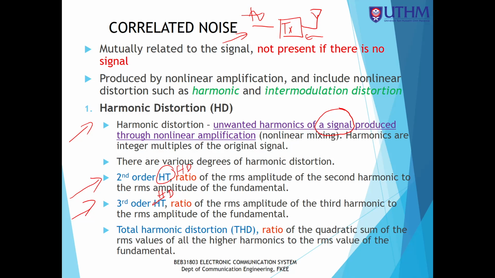So 2nd order is the ratio of the RMS amplitude of the 2nd harmonic to the RMS amplitude of the fundamental. 3rd order is the ratio of the RMS amplitude of the 3rd harmonic to the RMS amplitude of the fundamental. Nanti kita akan lihat macam mana nak mengira 2nd order, 3rd order, 4th order dan sebagainya. Dan kita juga akan lihat bagaimana untuk mengira total harmonic distortion, THD.